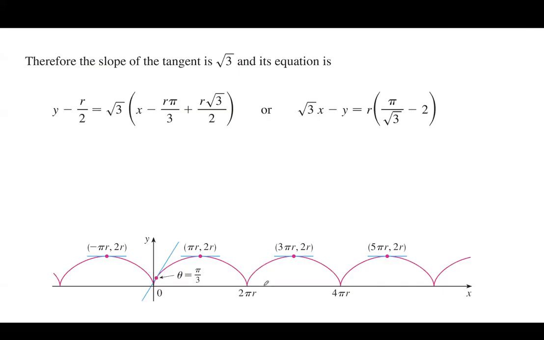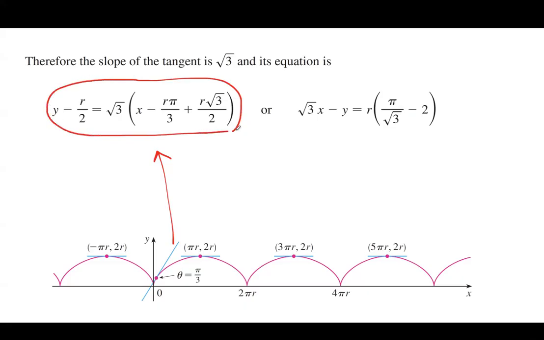Here you see the graph repeats itself, and it has horizontal tangents, and at theta equals pi over 3, you have an increasing tangent with the given equation. So this is the equation of your tangent line to this parametric equation as we discussed in this lecture.